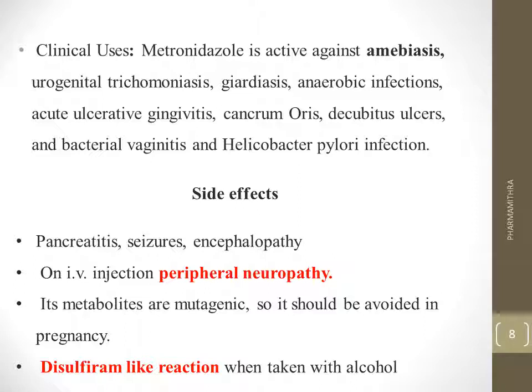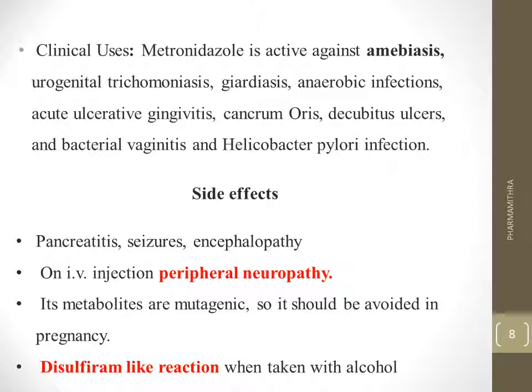Coming to the clinical use of metronidazole, the main use is against amoebiasis. It is also used for urogenital trichomoniasis, giardiasis, anaerobic infections, cancrum oris, diabetic ulcers, vaginitis, and Helicobacter pylori infection. The side effects of metronidazole include pancreatitis, seizures, and encephalopathy, and its metabolites are mutagenic, so it should be avoided in pregnancy.